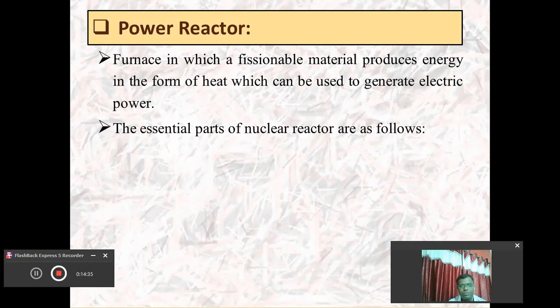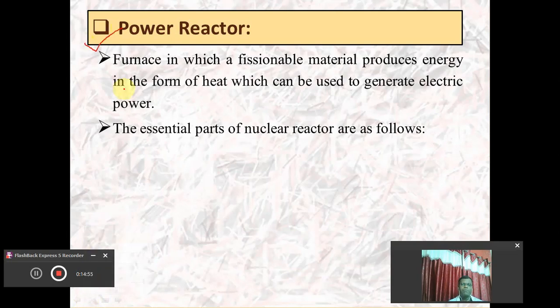So the device in which nuclear energy is obtained is called the nuclear reactor, and the device in which nuclear energy is converted into electrical energy is called a power reactor. So I hope you can understand.